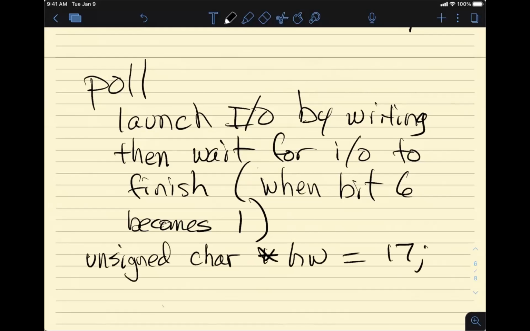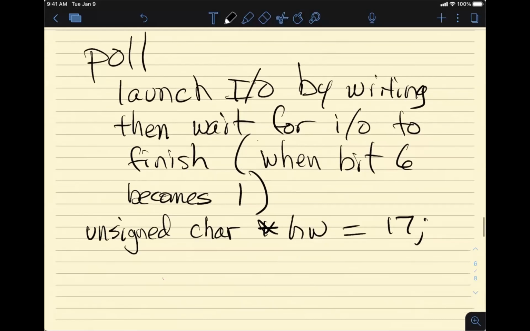Yeah, 42. Okay, so I looked up in my hardware manual, and I found that the device I want to control has a control register mapped to memory address 17.